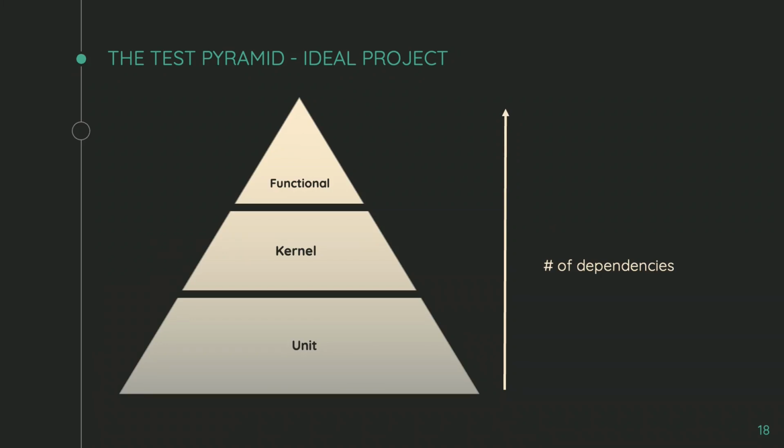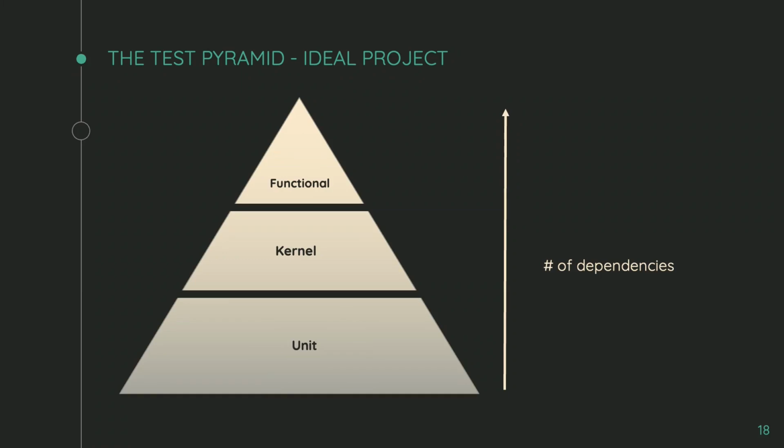Your functional tests will be there to test your happy path. For example, if you have a checkout system, it's that single process: here's an item that I chose, then I'm going to add it to my cart, then I'm going to go to checkout. That single process, you might test with a functional test. Meanwhile, with your unit and your kernel tests, you can test all your edge cases.